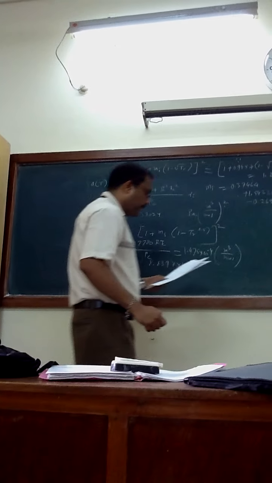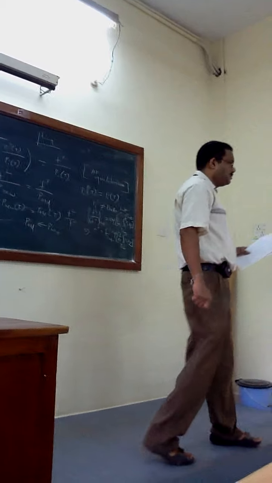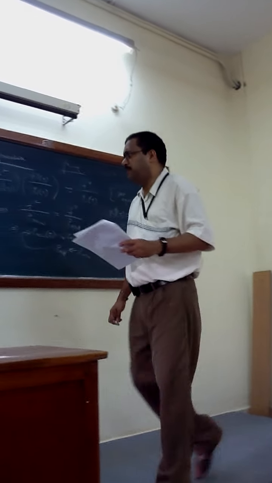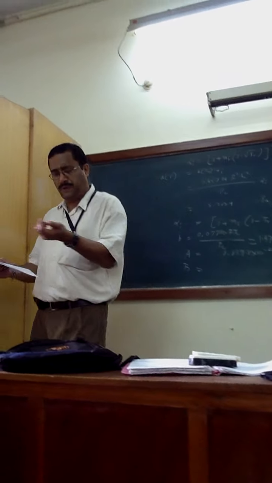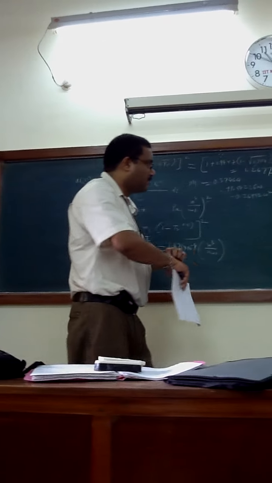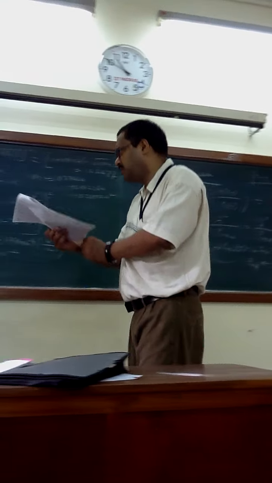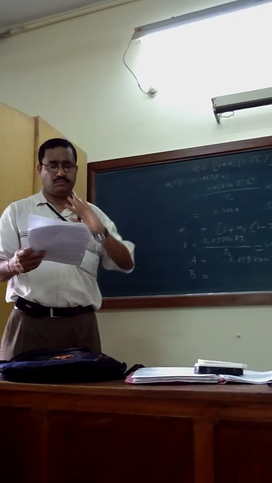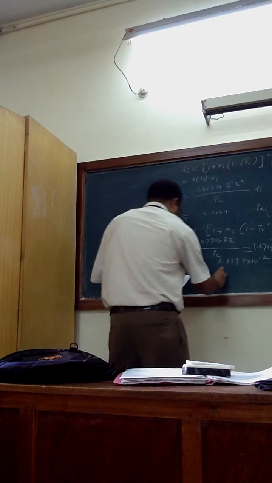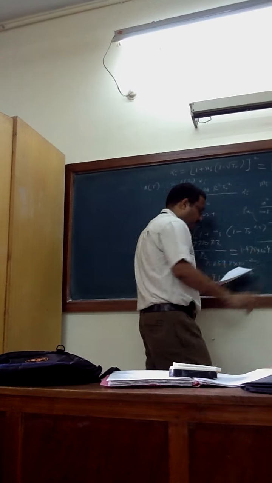Capital B, please try to give the exponent forms. Capital B, small bP by RT, is 8.9151 into 10 to the power minus 3.